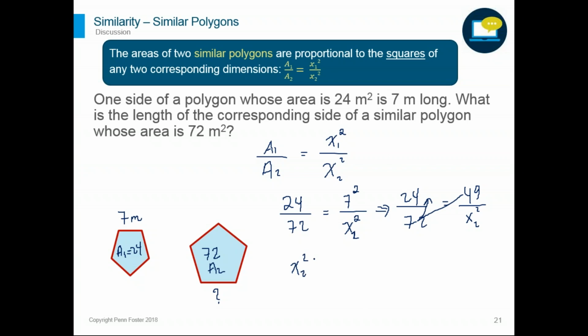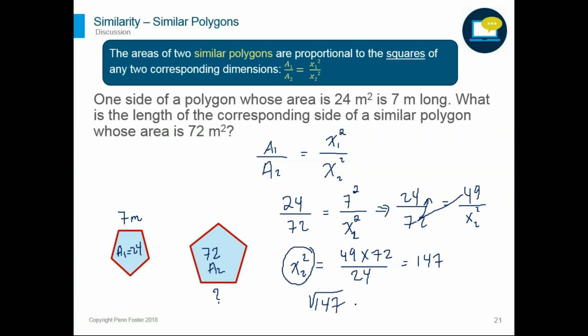So that would be 49 times 72 divided by 24. Use your calculator. You're going to figure out that the square of the other side is 147. We still have to take the square root of 147 because we have the value of the square.